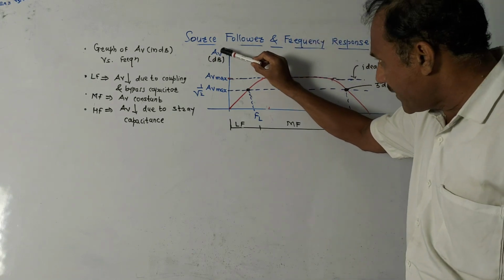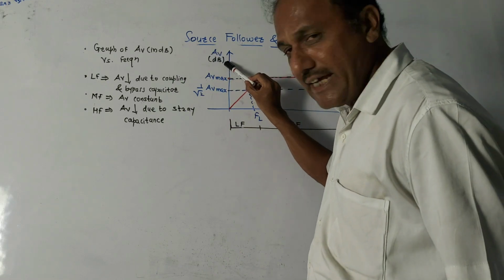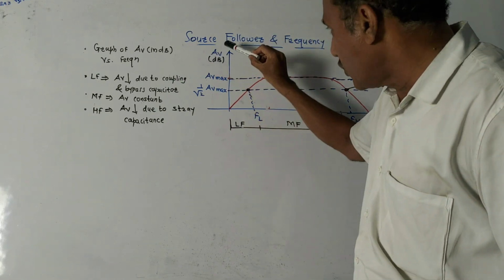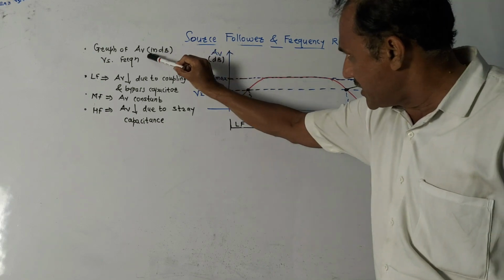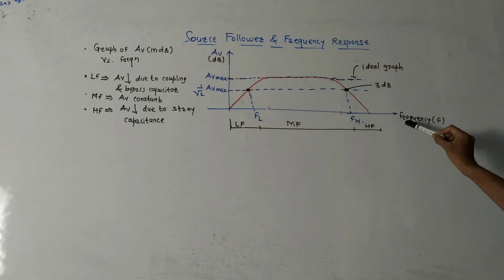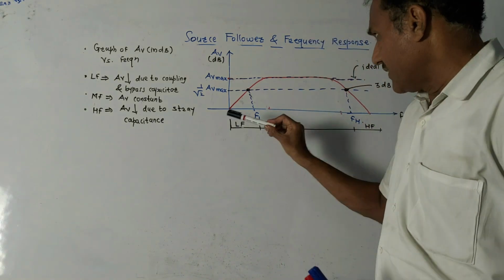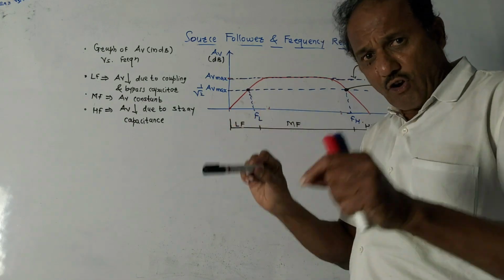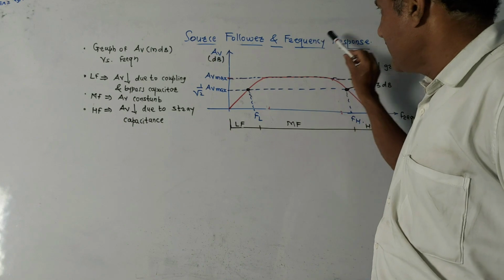It is a graph of AV, voltage gain, measured in dB, that is decibels, versus frequency on the x-axis. Usually this graph is plotted on semi-log paper. So the definition is: a graph of voltage gain versus frequency in hertz is called frequency response.